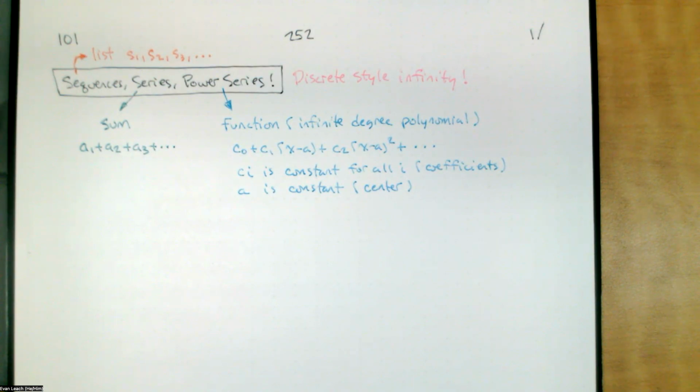Let's talk about an overview of how things work. What we want to know is when a sequence, a series, or a power series converges. That's going to be our big idea. The thing that we want to know about any of these objects is about convergence.